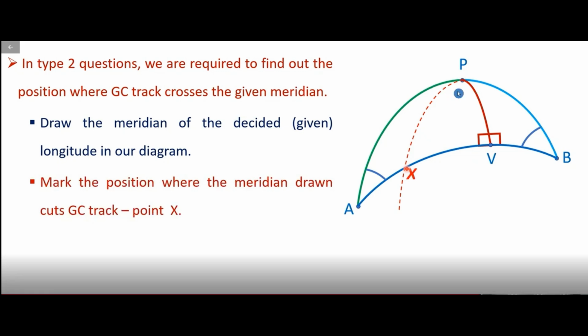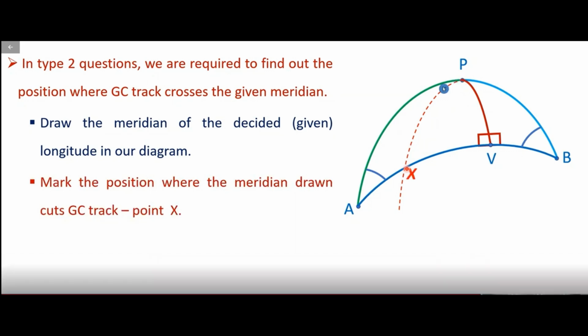This angle P is the D long between the vertex and the required position. The longitude of the vertex was already calculated, so we know that, and the longitude of X is given in the question. So we find out the D long between these two positions. We enter into the Napier rule with PV and D long, and what do we calculate now?